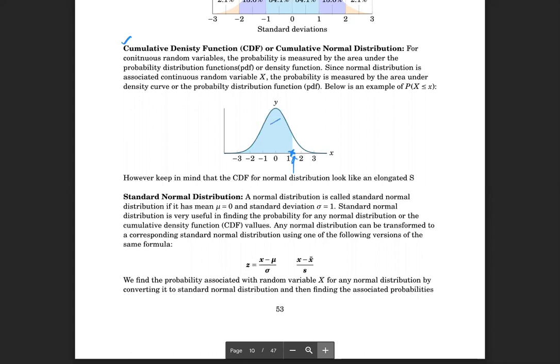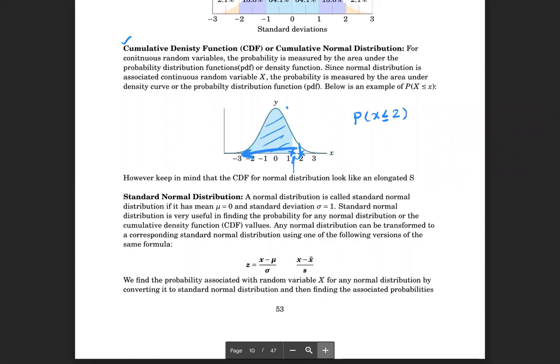So all the area to the left is going to represent the cumulative probability. So if I say, let's say, probability of X is less than or equal to 2, right here is going to be everything from this point all the way up to negative infinity.